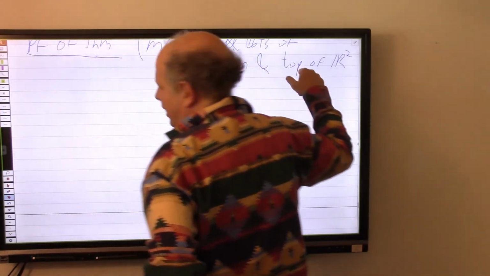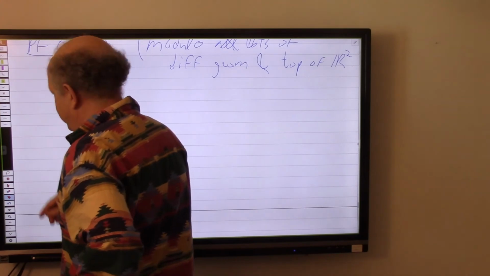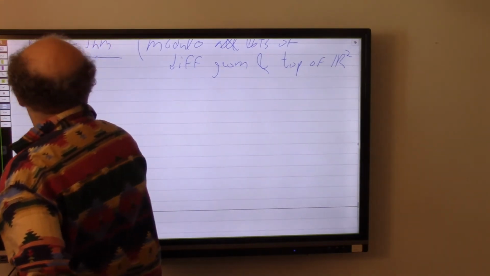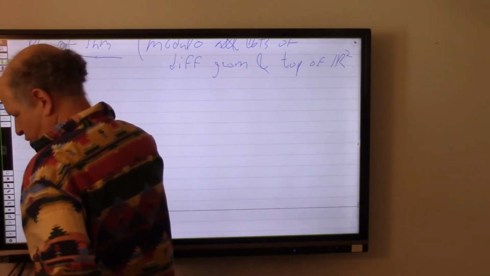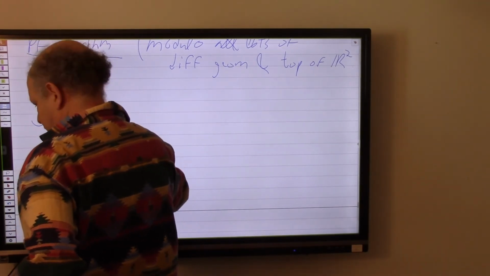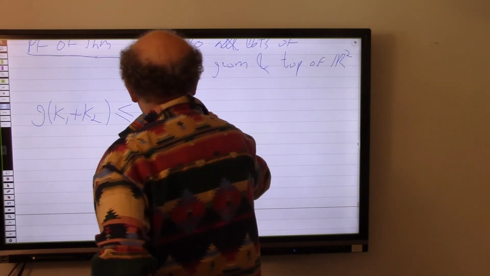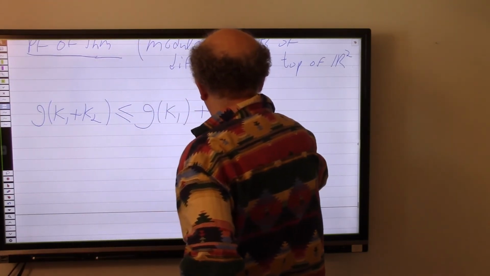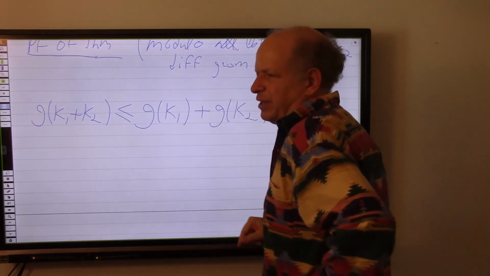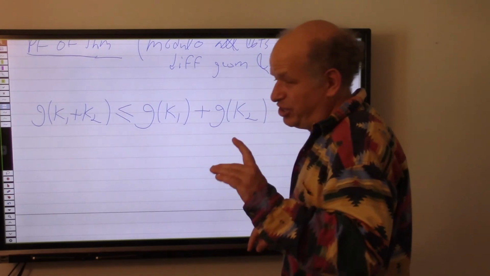But all of this will actually come in the second side, so let's do the easier side first. I will first of all prove that the genus of K1 plus K2 is less than or equal to the genus of K1 plus the genus of K2. And this is sort of obvious, but only sort of.